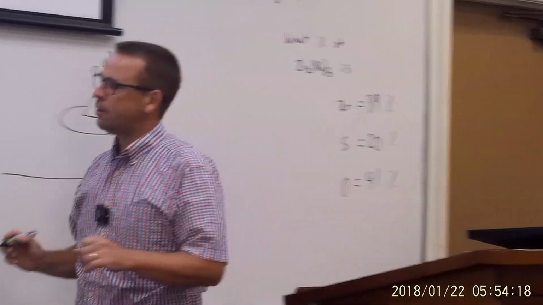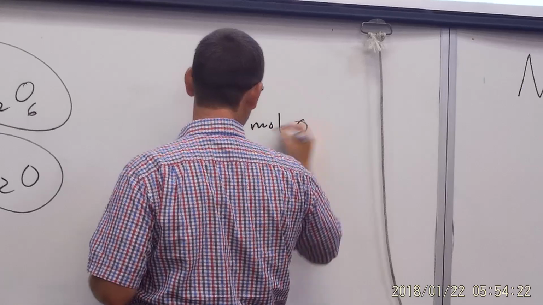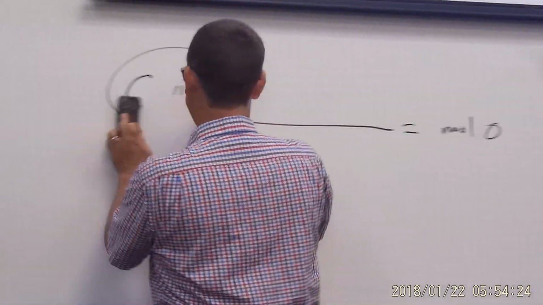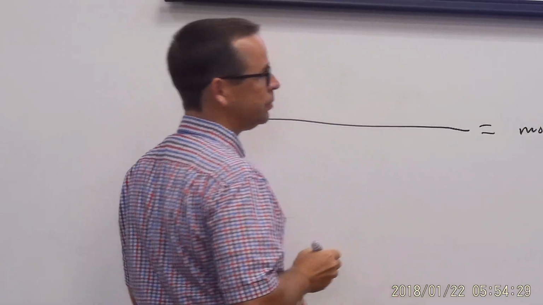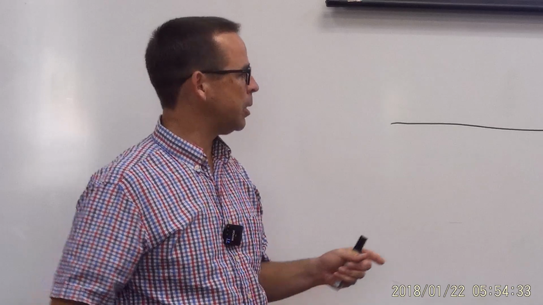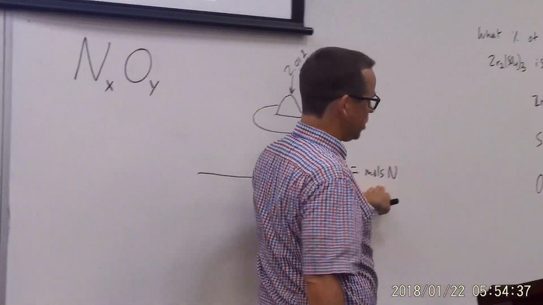And I also can identify how many moles of oxygen there are in that sample. Right? I'll bet you there's one person in your group that can figure out how many moles of oxygen that represents and how many moles of nitrogen.